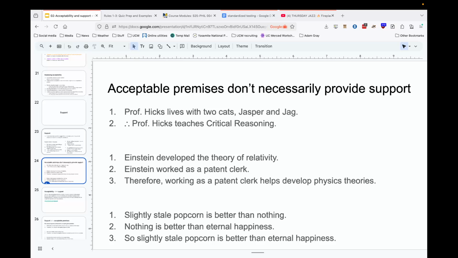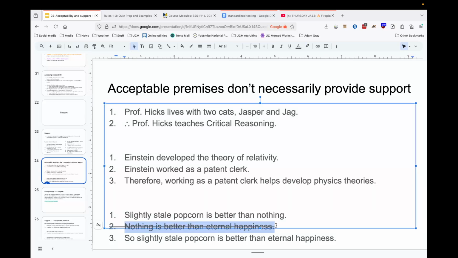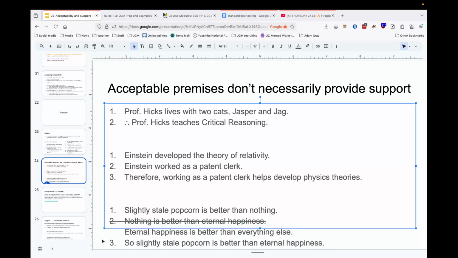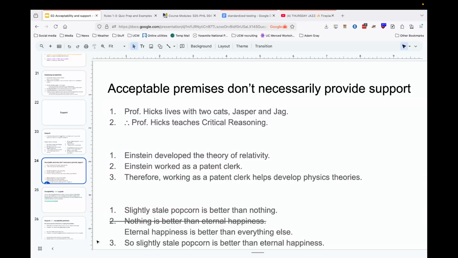For our purposes, we can just rewrite premise 2 as: eternal happiness is better than everything else. Make this whole thing a little smaller. So, eternal happiness is better than everything else.